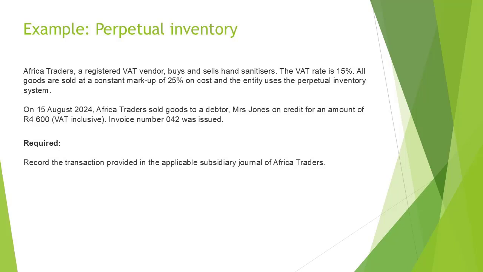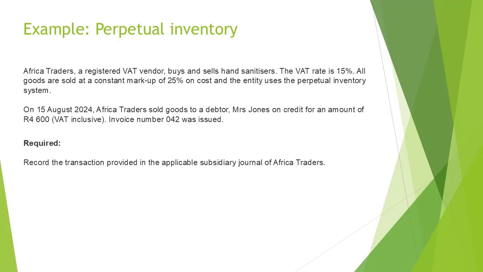Africa Traders, a registered VAT vendor, buys and sells hand sanitizers. The VAT rate is 15%. All goods are sold at a constant markup of 25% on cost, and the entity uses the perpetual inventory system.